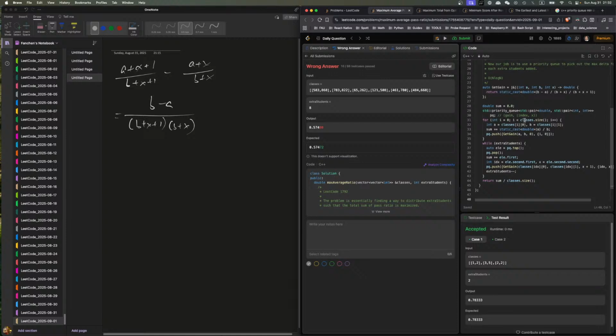Wow, that is going to be hard to even debug this. I don't know. It could be drifting, which is very, very bad if it's really drifting.